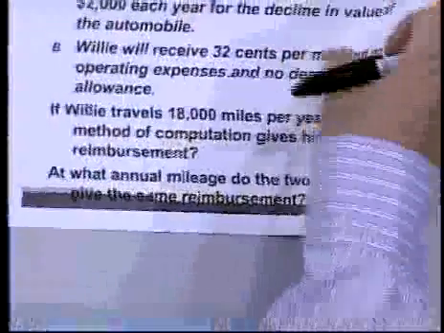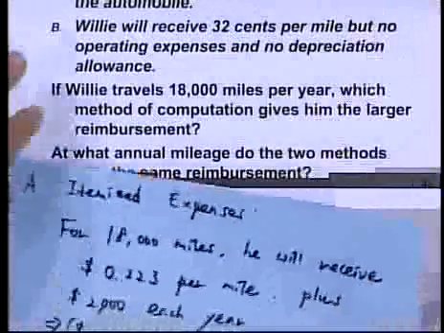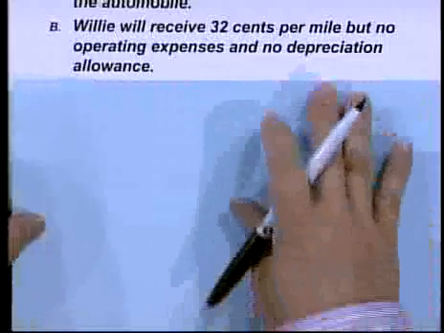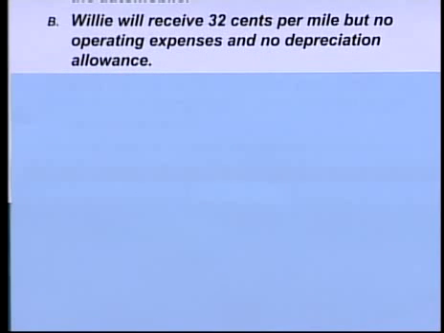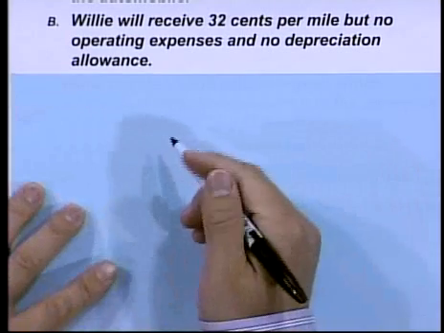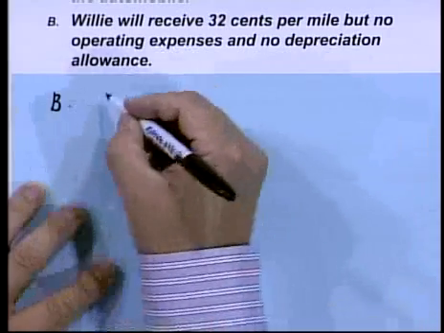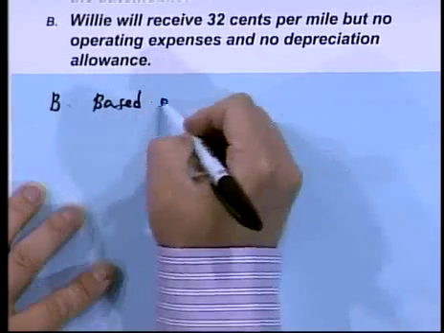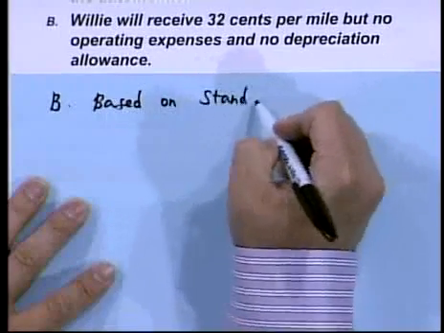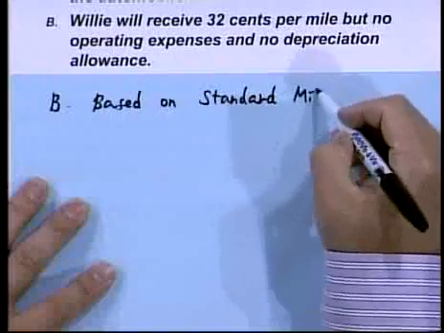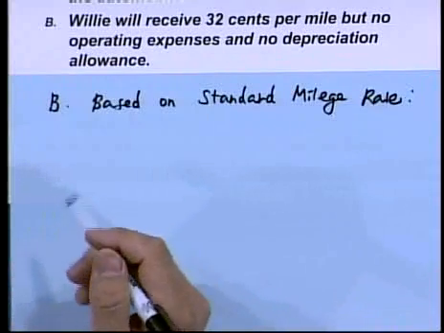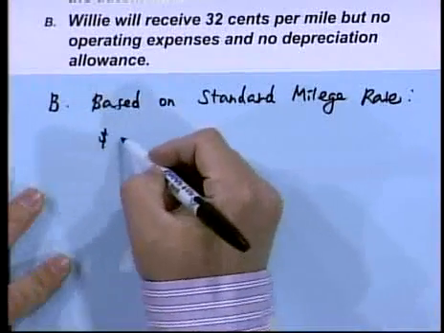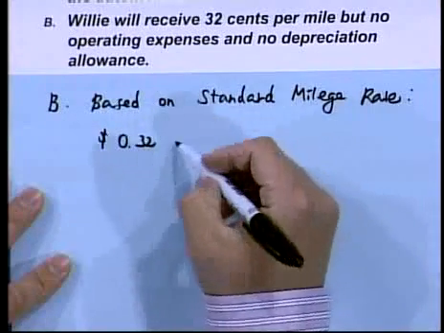What about plan B? Plan B is based on the standard mileage rate, right? So he will receive $0.32 per mile.